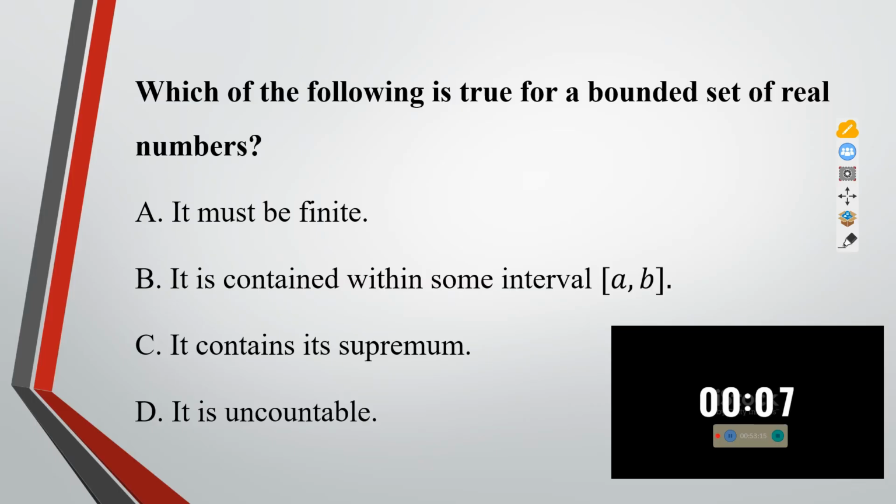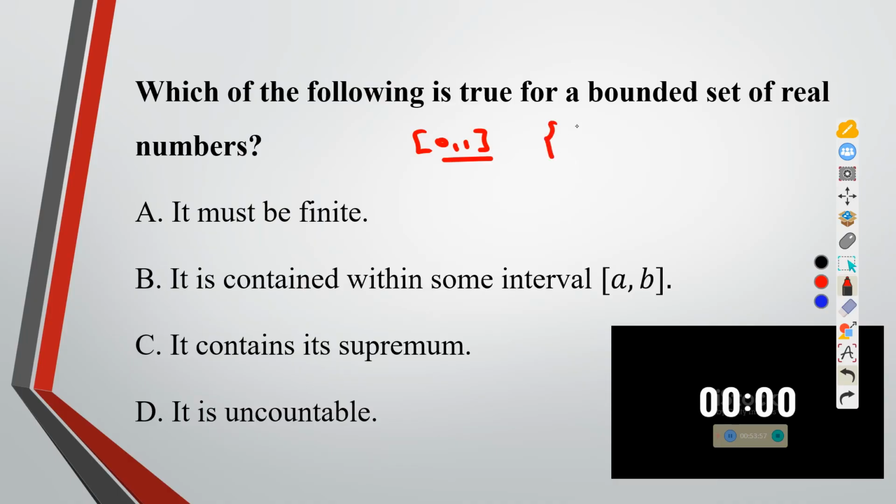So which of the following is true for a bounded set of real numbers? Option 1: it must be finite. Finite sets are bounded, but infinite sets like (0, 1), which are uncountably infinite, are also bounded.